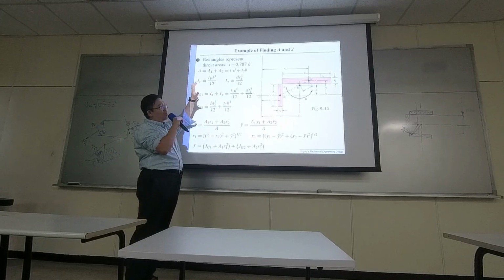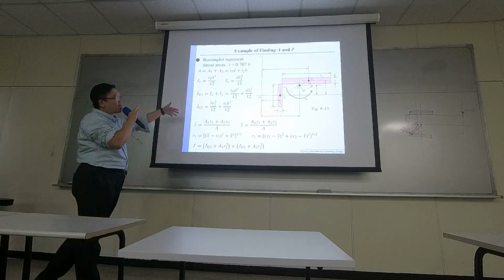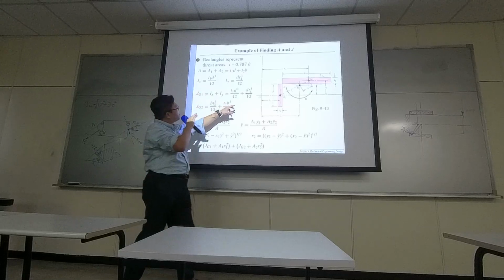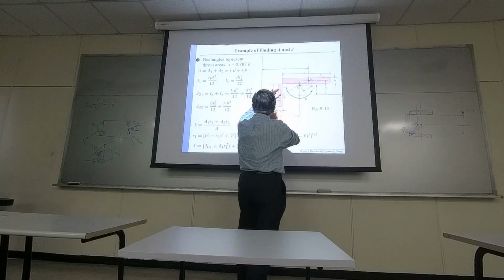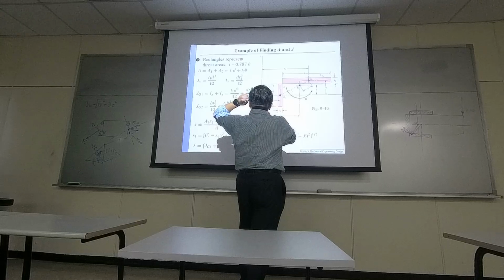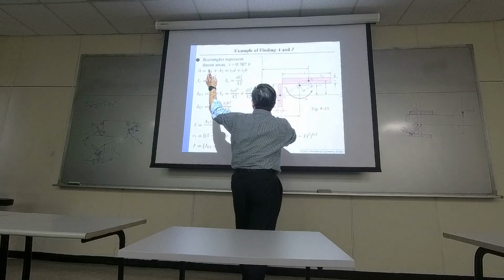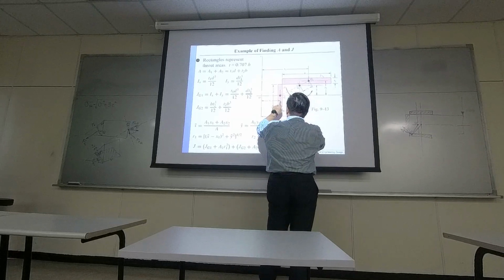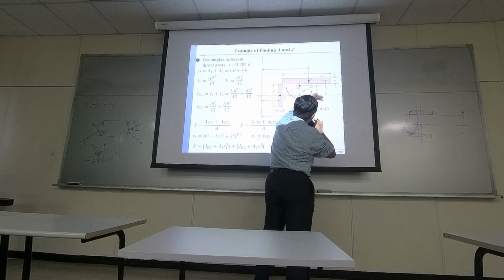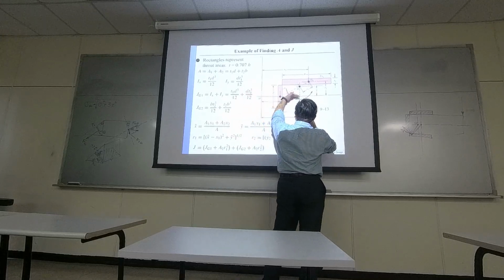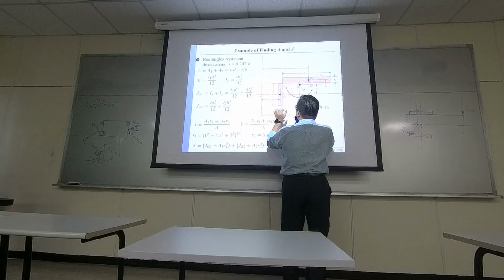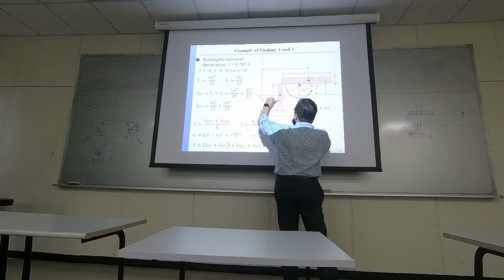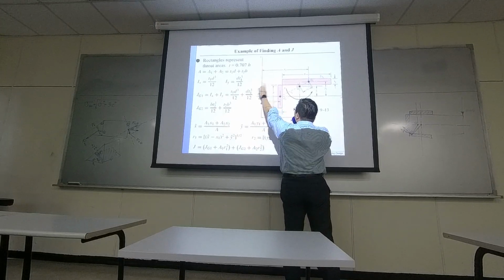Usually from the back of the book, it depends on which direction you're talking about. We are focusing on the left hand side first. This one here is x. So Ix is going to be T times D cubed over 12.